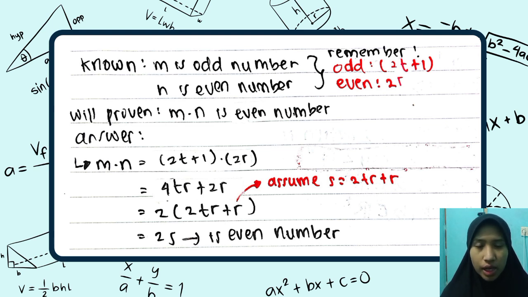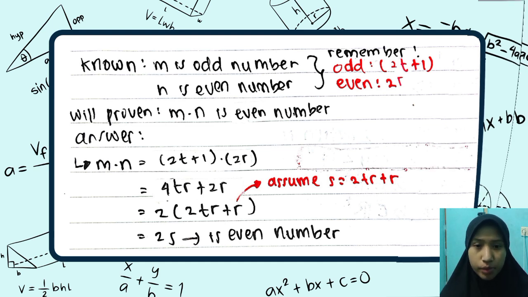Now we assume that 2tr plus r is s, so we get 2s. You can see that 2s is like 2r, the form of an even number, so 2s is also an even number. So from the proof, m times n is an even number if m is an odd number and n is an even number.